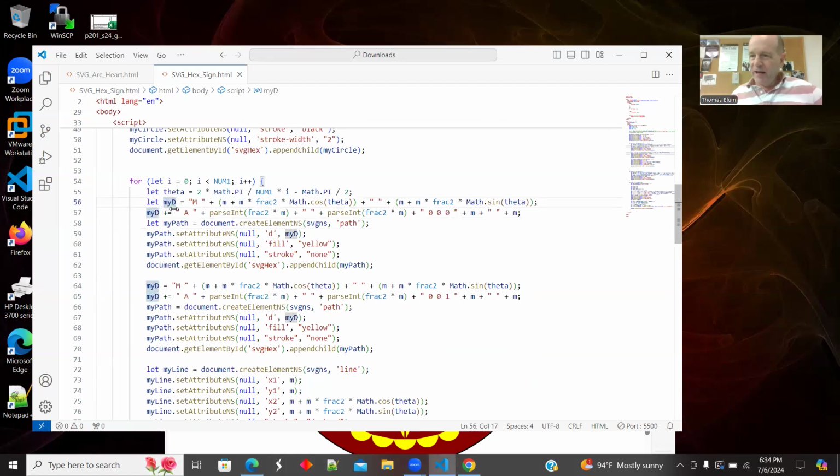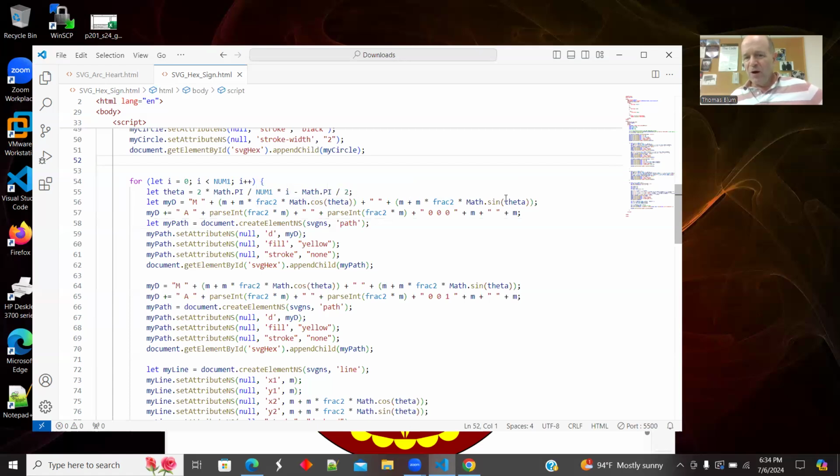And then I'm going to create a path, and I'm in a loop, so I'm going to create 6 paths when I'm done. And actually I have 2 paths in here, so I'm going to create altogether 12 paths. And my starting point is M, the center horizontally, and then I'm going out from the center M times frac 2, so that is this sort of inner circle, times Math.cos of that angle.